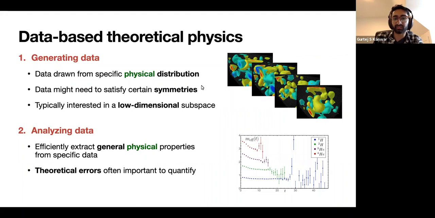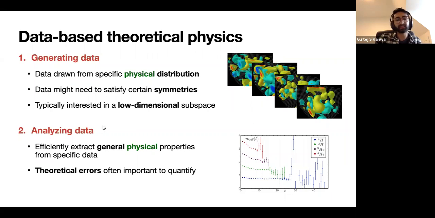Sometimes the data would need to satisfy certain symmetries, but also very importantly, we're typically interested in low dimensional subspaces of the full configuration space as being the typical data to generate. So for example, in lattice field theory, most configurations in the phase space of the field configurations have very, very low weights and should essentially never appear in an ensemble.